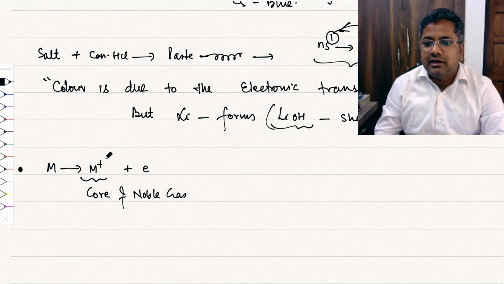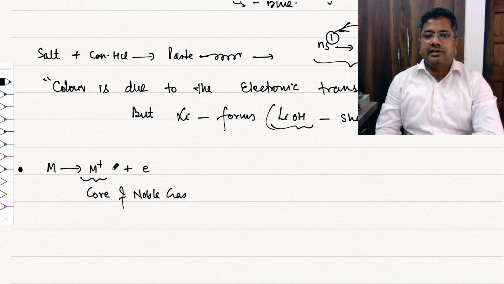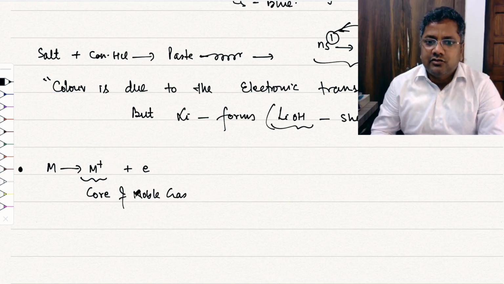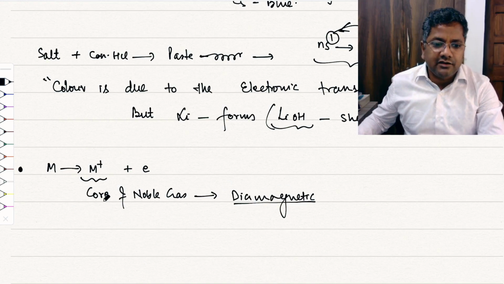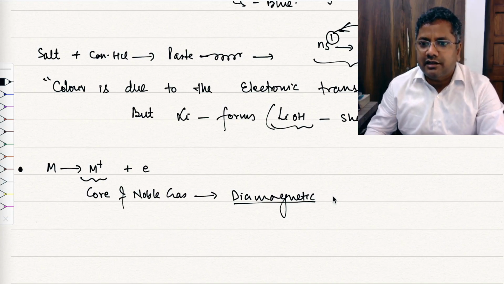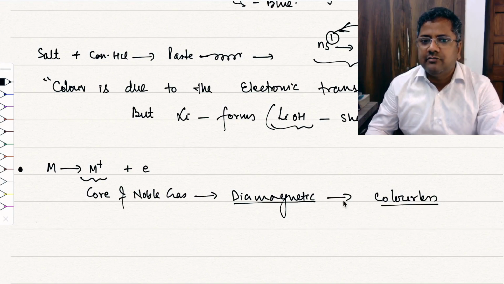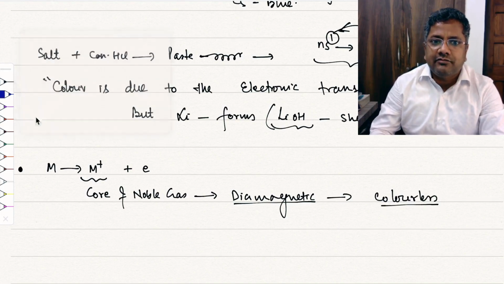This is the most common oxidation state of this group of metals. The core of this noble gas is diamagnetic, right? So there are no unpaired electrons in these group one elements, so they are generally colorless. Usually colorless.